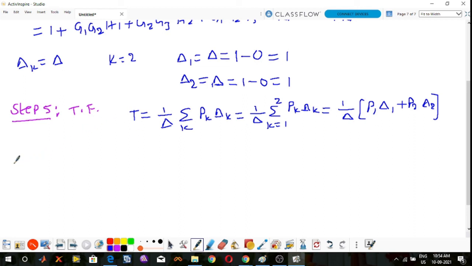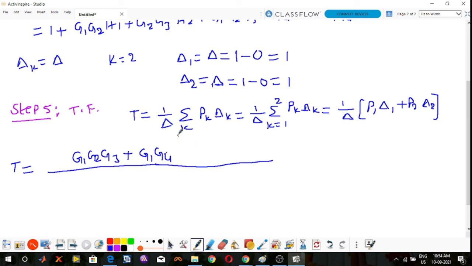We get the overall transfer function of the system T is equal to, the first forward path gain P1 is G1 G2 G3 into delta 1, and delta 1 is 1, plus P2 is G1 G4 into delta 2, and delta 2 is 1, divided by delta. And what is the delta here?